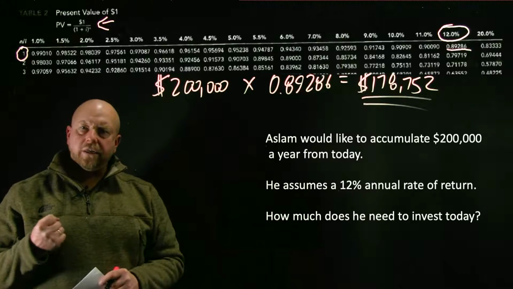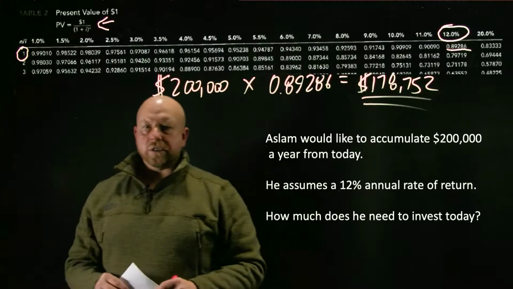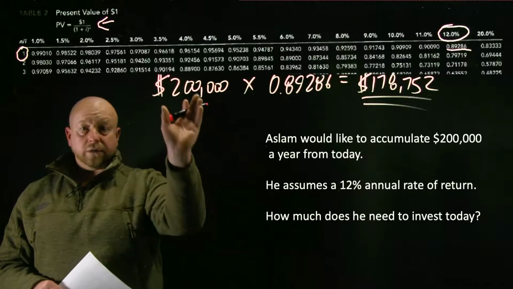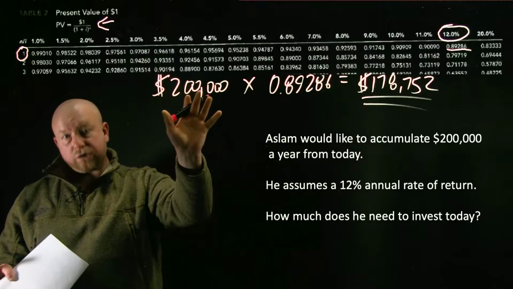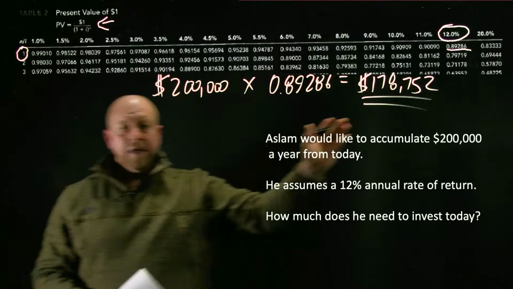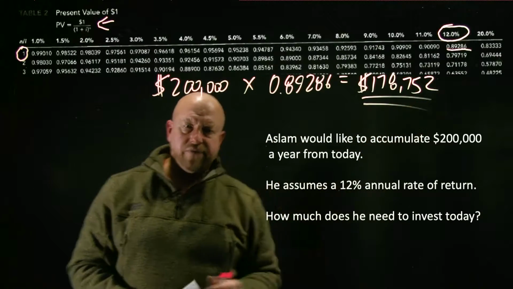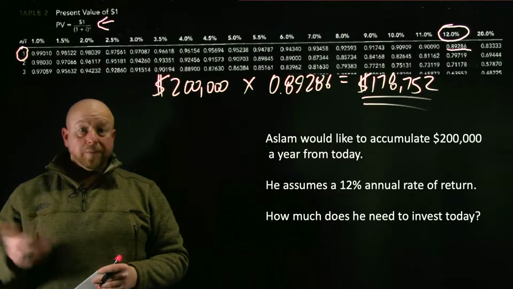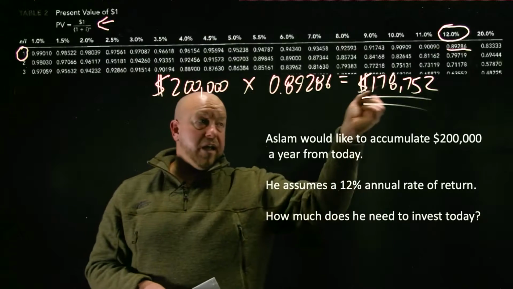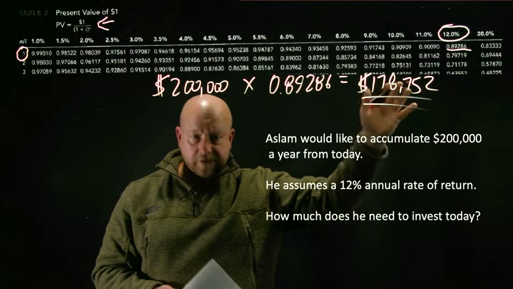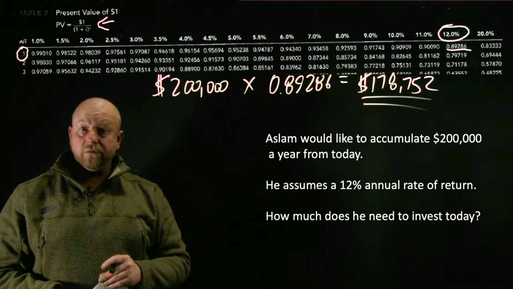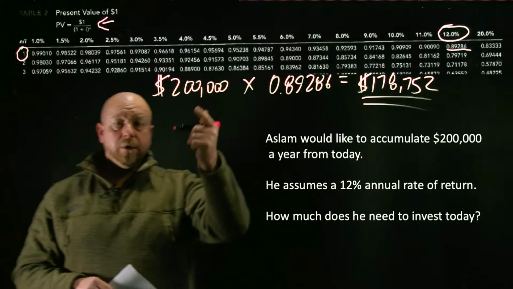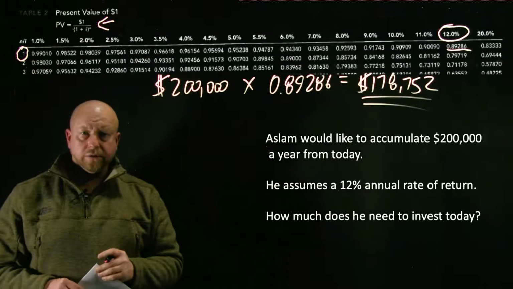So there are two ways to look at this. You could say $200,000 in the future is the same, looking at the time value of money, as $178,752 today. You can also flip it around and say, if I had $178,752 today and it grew at 12% interest for 1 year, it would grow to become $200,000.